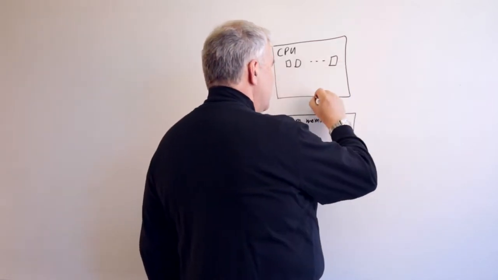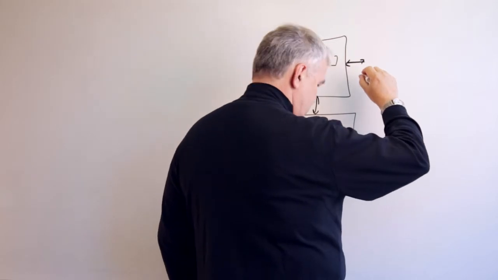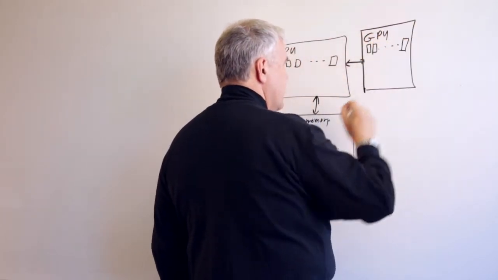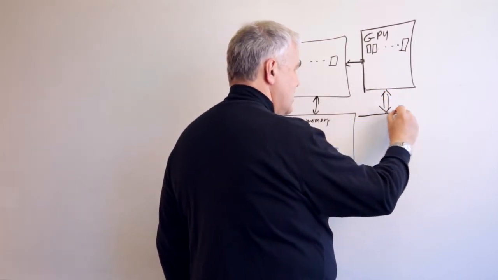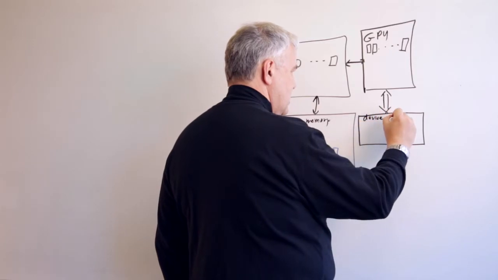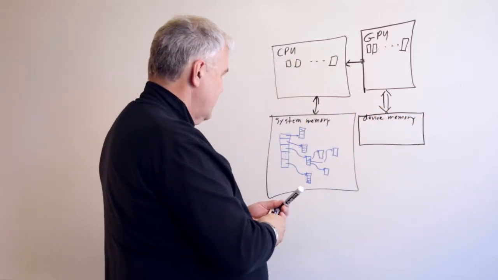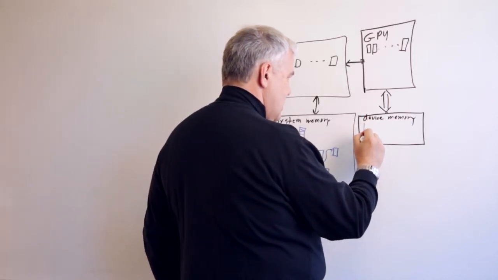Now I want to run this on a GPU. So over here, I have my GPU, highly parallel device, connected to a high bandwidth memory. I want to move this whole data structure over here. So I'm going to copy the base array.